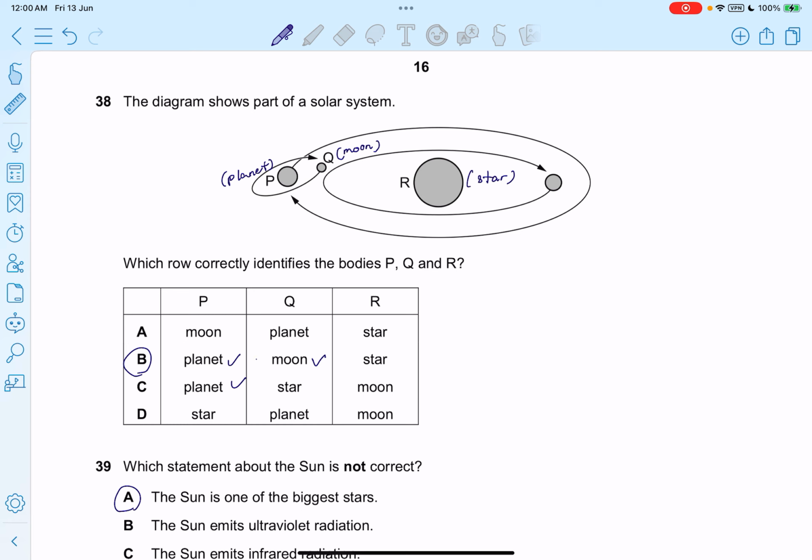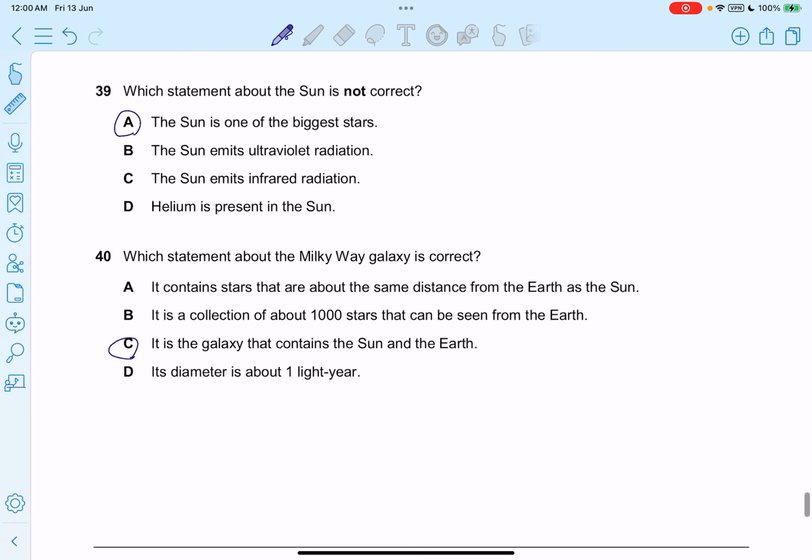So B is the correct answer. 38 is B. 39. Which statement about the sun is not correct? They bolded the word not. You have to find something that's wrong about the star. The sun is one of the biggest stars. That is wrong because there are more stars that are bigger than the sun. So 39 is A.